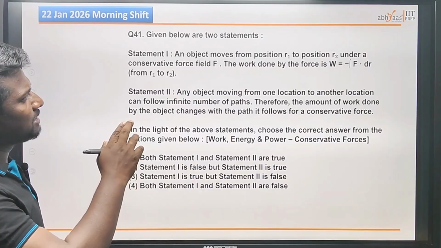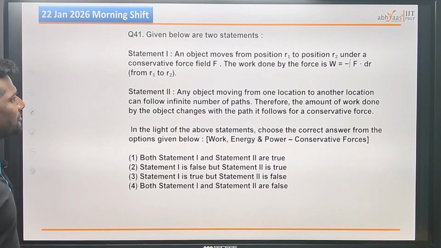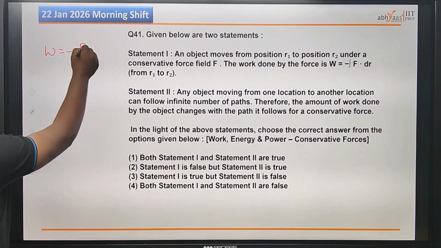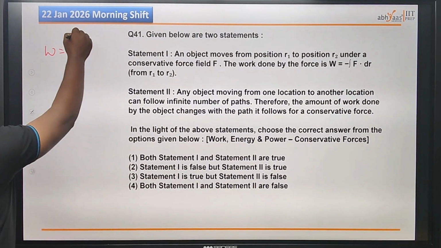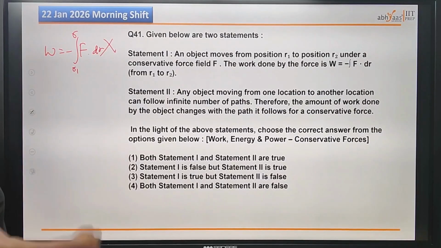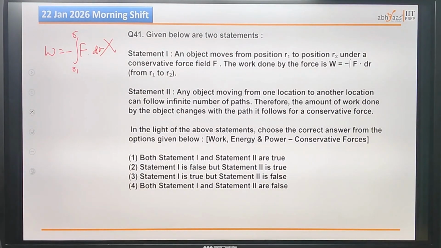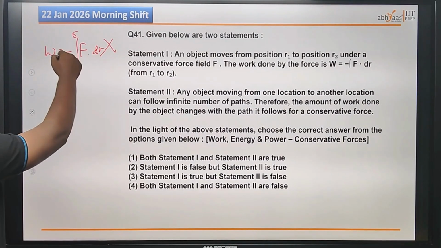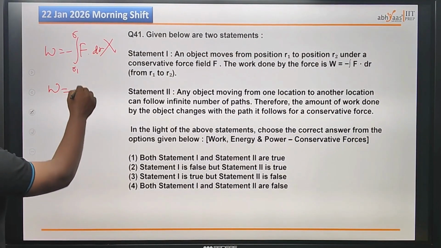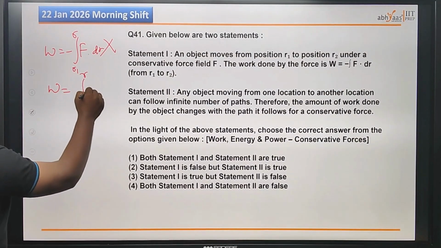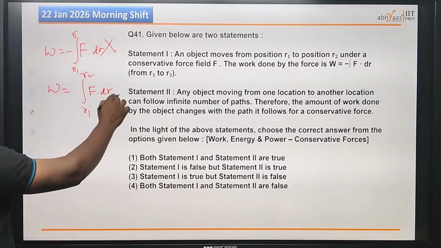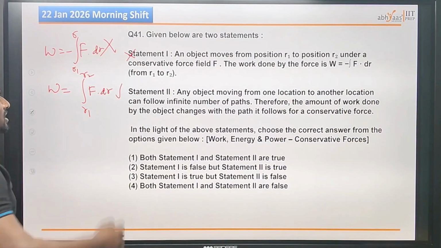They have given work done W equal to minus integral R1 to R2 F dot dr. This is wrong for a conservative force, you are not getting a negative sign here. So what should it be? Integral R1 to R2 F dr. This is right. So statement 1 is wrong.